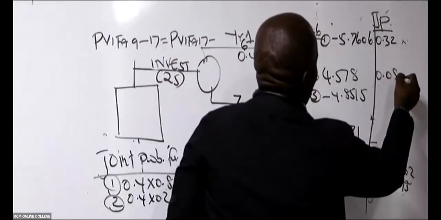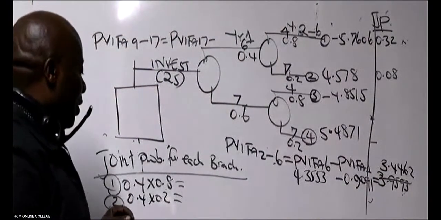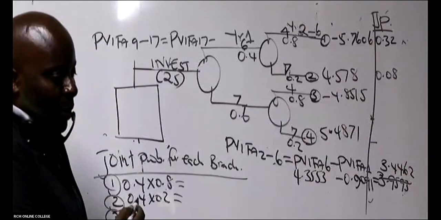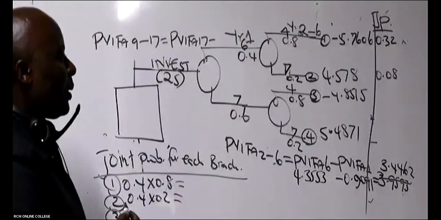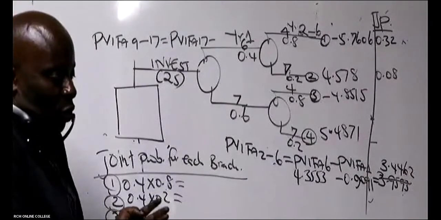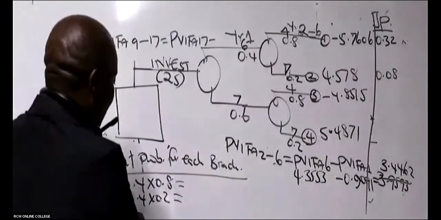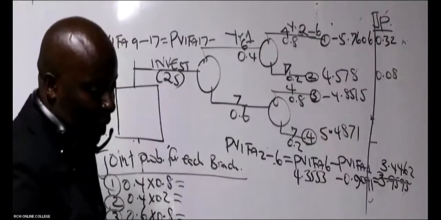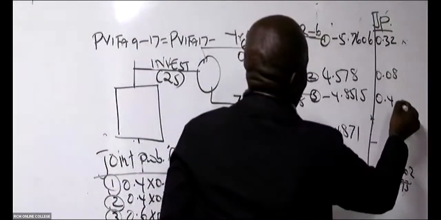Then we go to branch number 3. What do we have in branch number 3? It is 0.6 times 0.8, which gives 0.48.